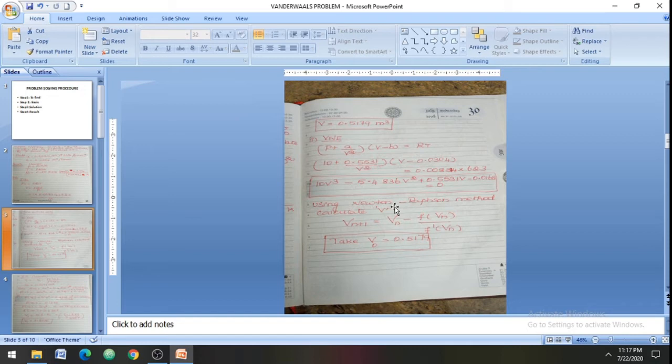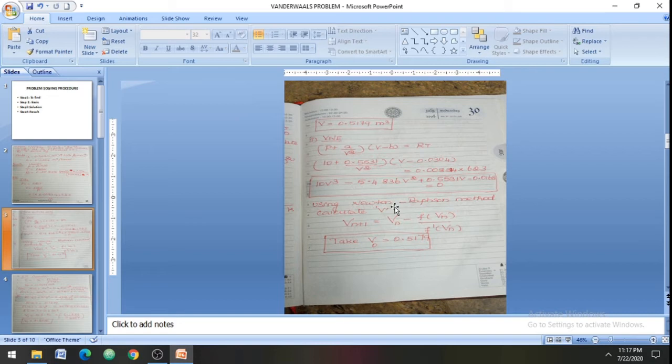Van der Waals equation formula: P plus a by V square into V minus b is equal to RT. P is given, a is given, volume is unknown, we want to calculate. Then b is a constant, capital R is a constant, temperature is given.